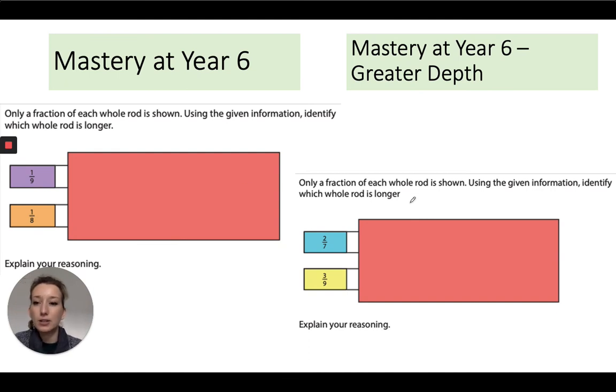And then at greater depth, only a fraction of each whole rod is shown. Given the information, identify which rod is longer. So we've got 2/7 and 3/9. So a little bit of thinking there. Which one do you think would be longer?